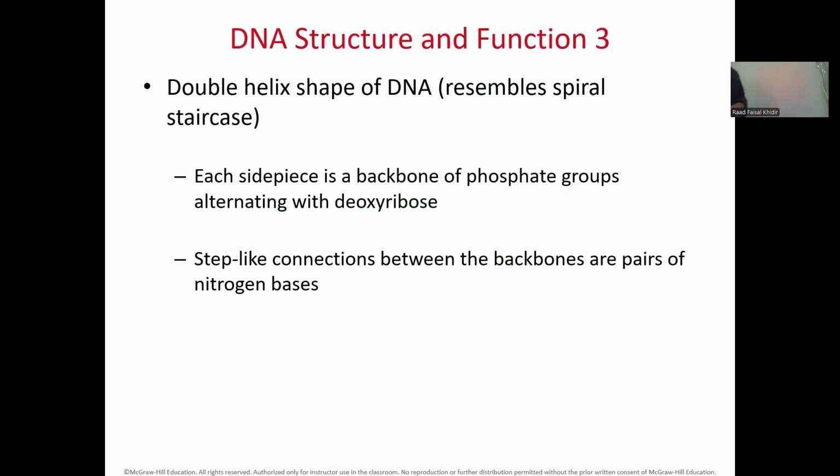Very good. Okay, it has a double helix shape, and each side piece is a backbone of phosphate groups alternating with deoxyribose. There are step-like connections between the backbones, our pairs of nitrogen bases.